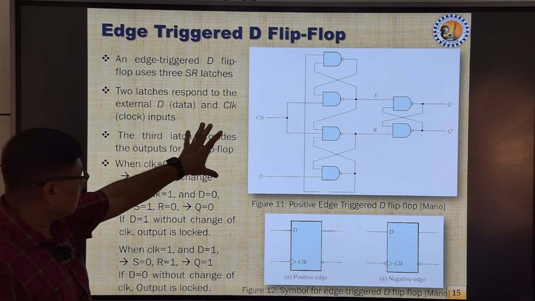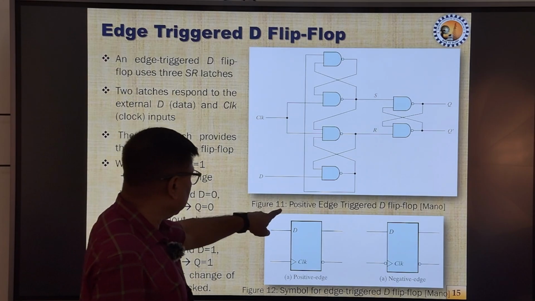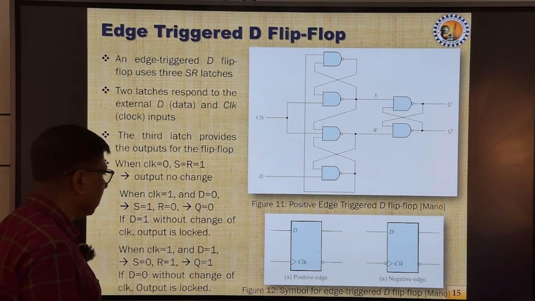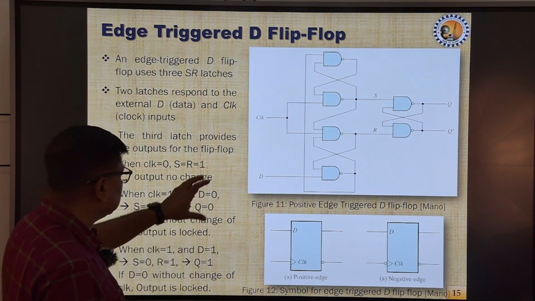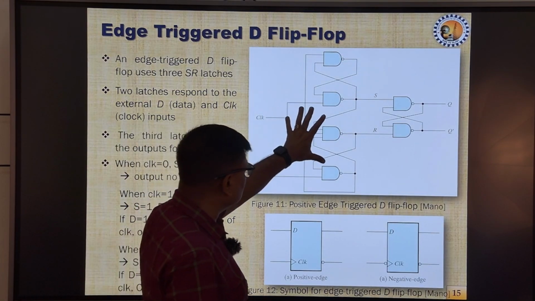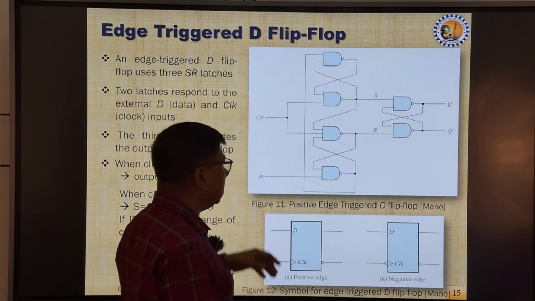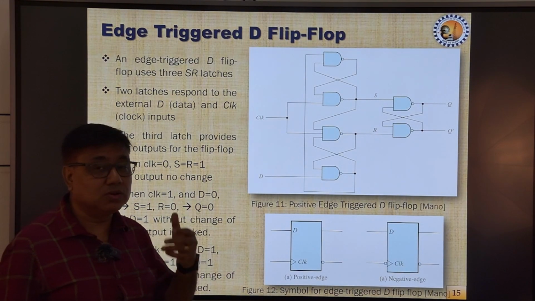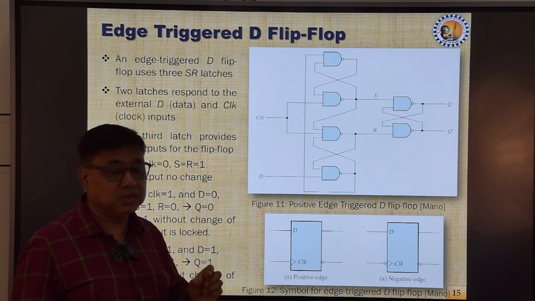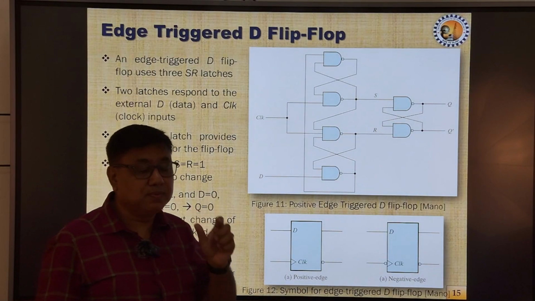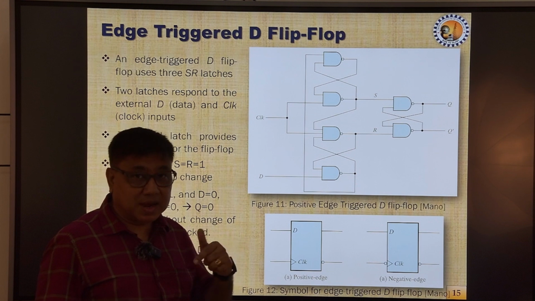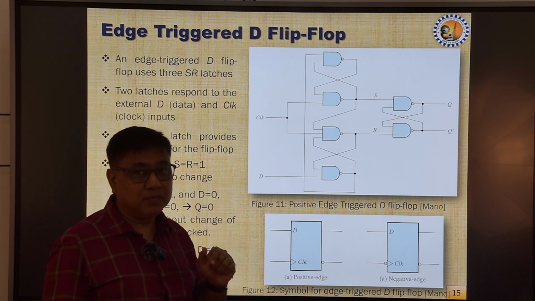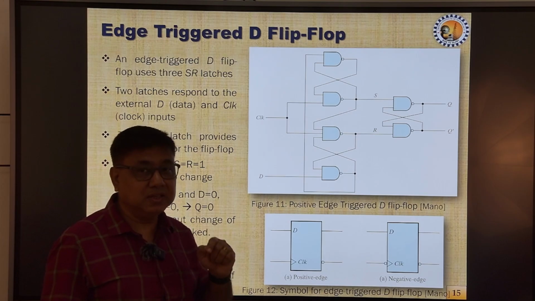Over here in this figure, figure 11, it is basically a positive edge triggered D flip flop. So this arrangement is made for the D flip flop to respond to the positive edge of the clock. That means the flip flop content will get updated based on the input applied on the positive edge of the clock.